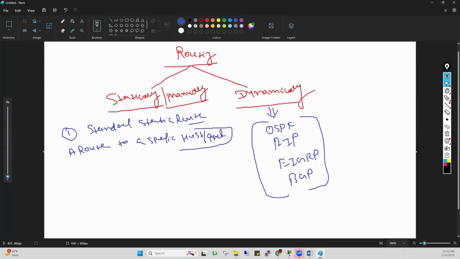So please remember, a specific host or complete network that is manually configured with the next hop IP address, or you can use the exit interface.